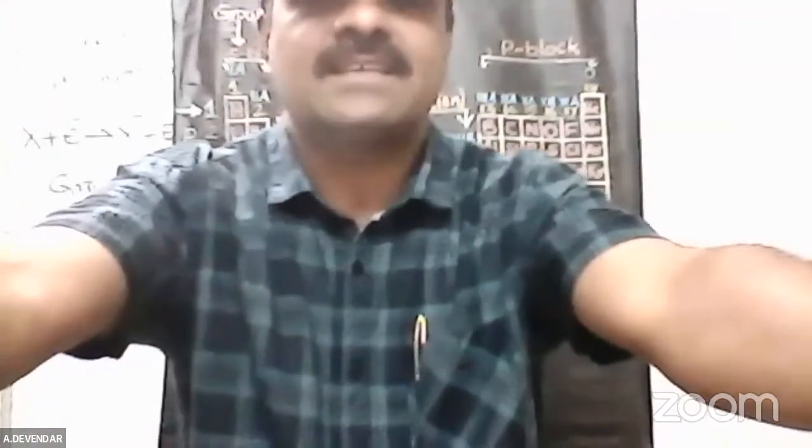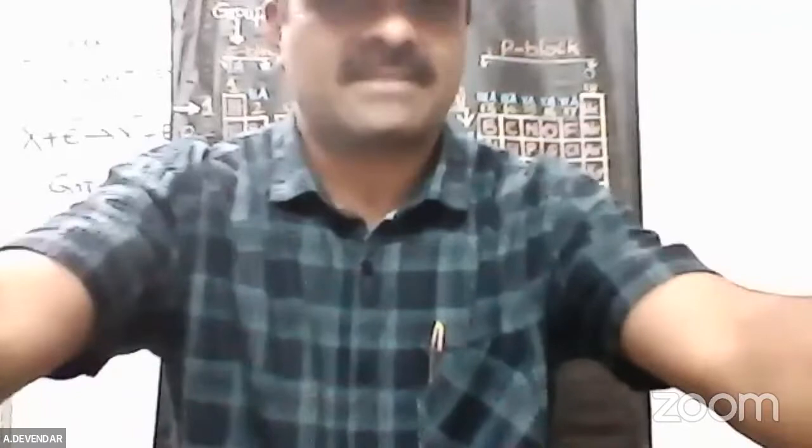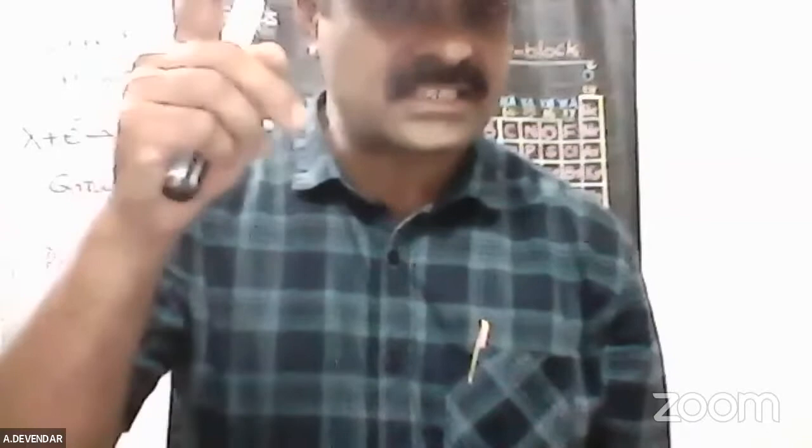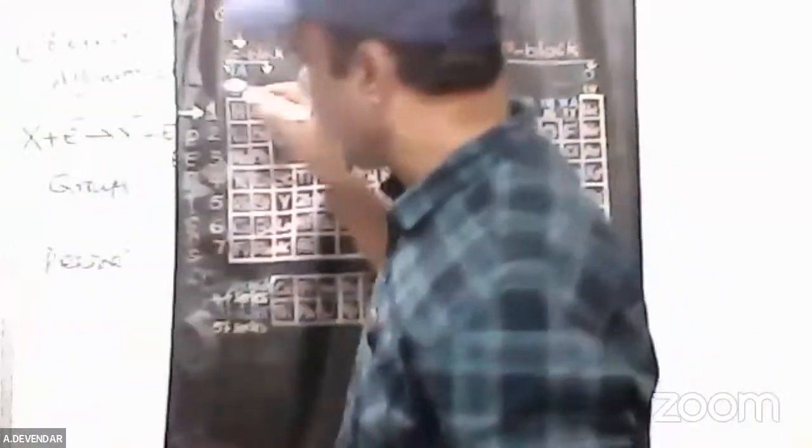I can catch all the students like this. How many students can I catch? 2 or 3 members, I tightly catch. What about the last student? He easily jumps out. That means the amount of energy required to remove that last student is very less. That means in the group the ionization potential values decrease.